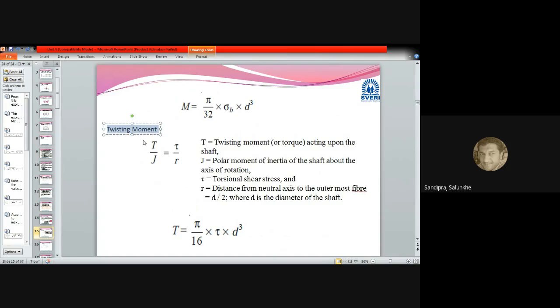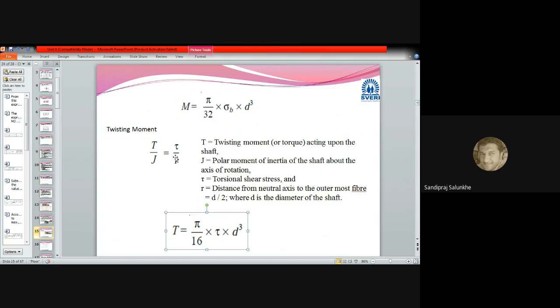In this equation, J is put as pi by 32 d raised to 4 and R is put as d by 2. If we put these values of J and R, the equation can be rewritten in terms of T as T is equal to pi by 16 tau d cube.